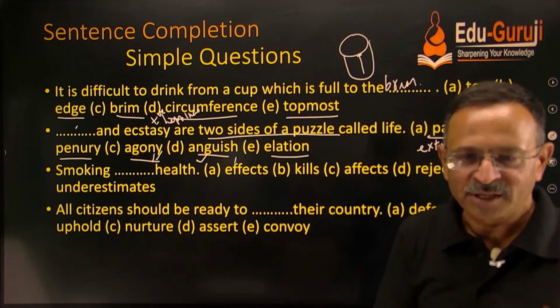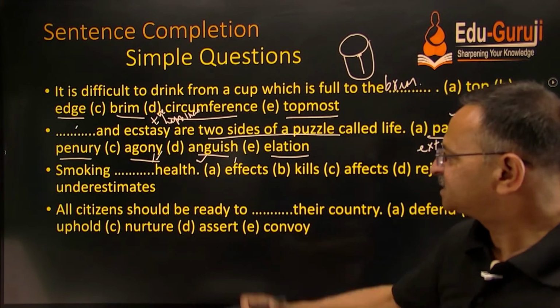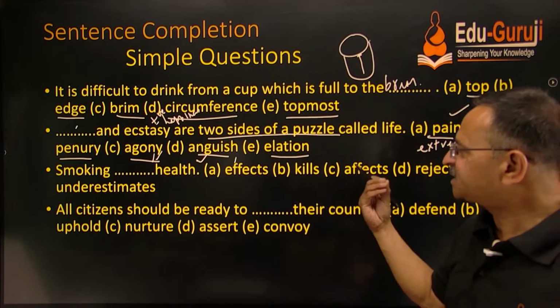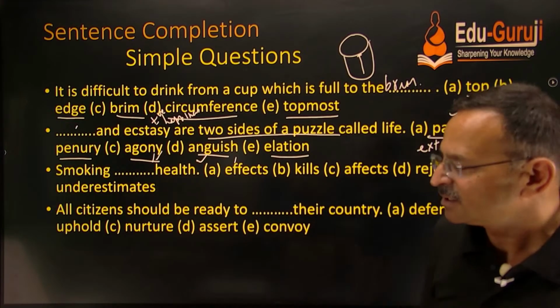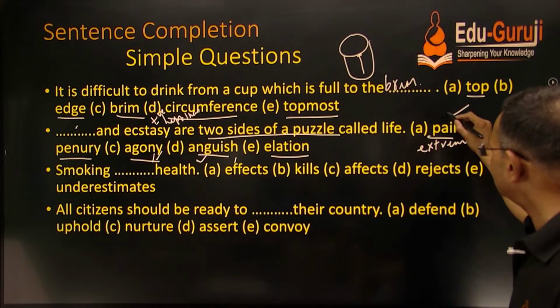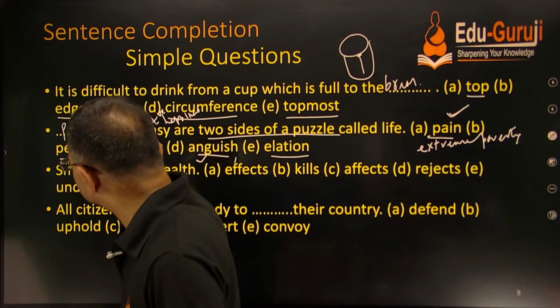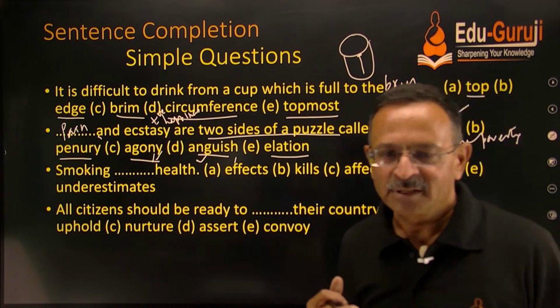No, it cannot be, because you're only talking about something physical, and anguish is more of an emotional thing. So you need a broader concept. So what we can use: pain and ecstasy are the two sides of the puzzle called life.